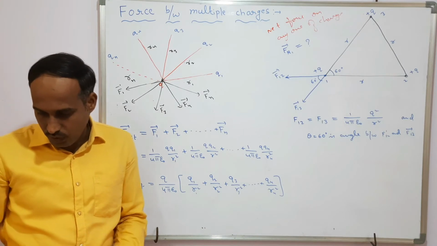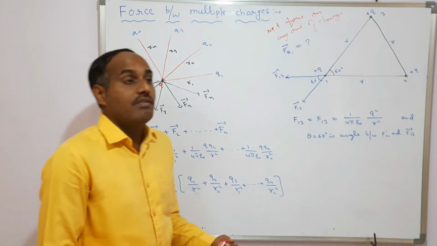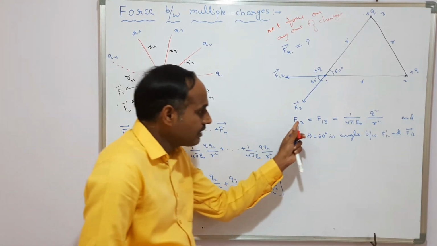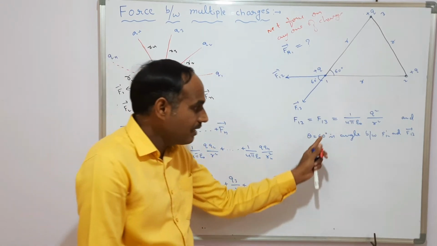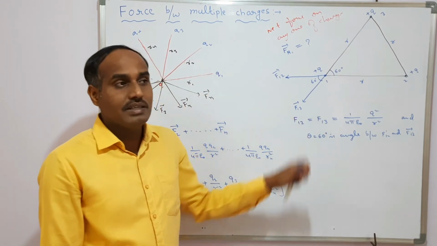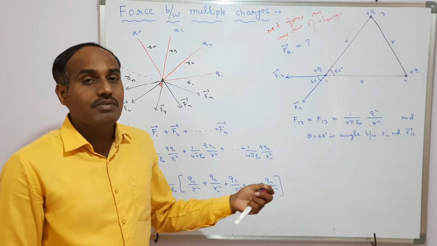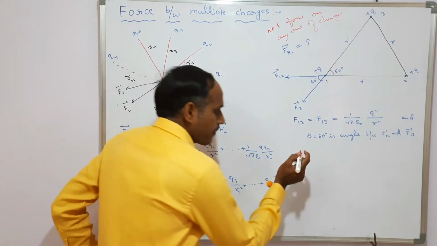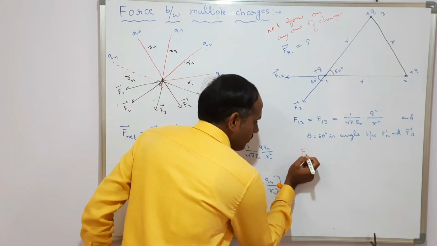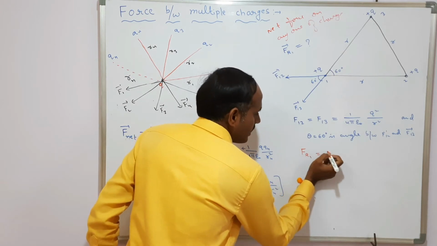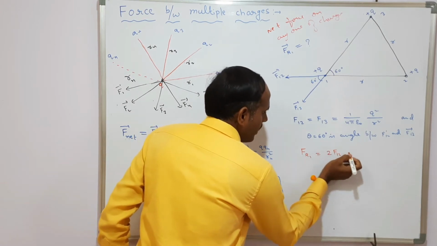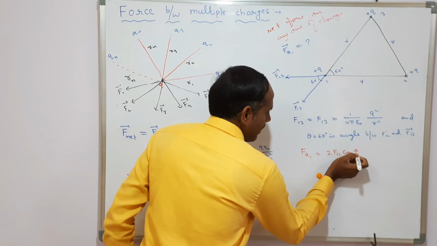Now I am coming to the point from the parallelogram law of vector. When the two vectors are of the same magnitude and the angle between them is theta, the resultant of the two vectors is 2F cos theta by 2. F resultant on first is equal to 2F12 cos theta by 2.